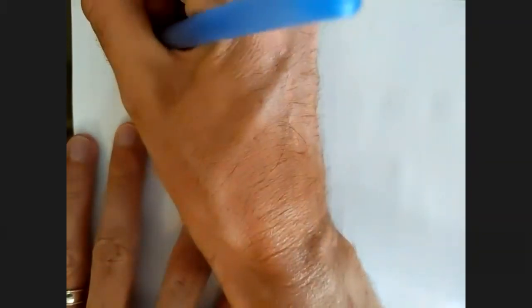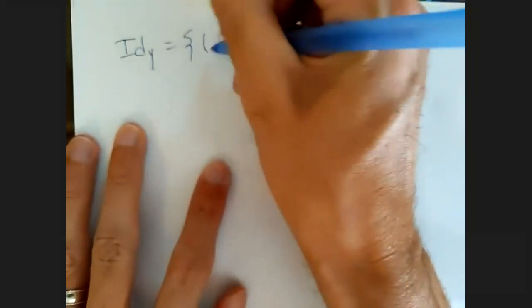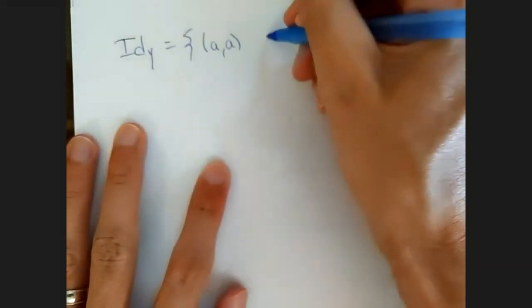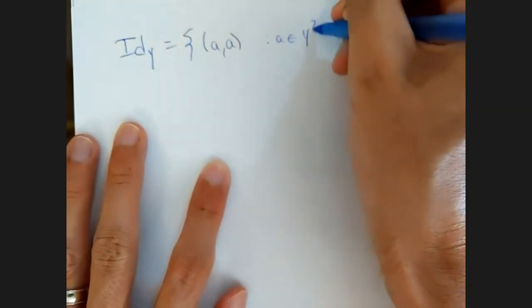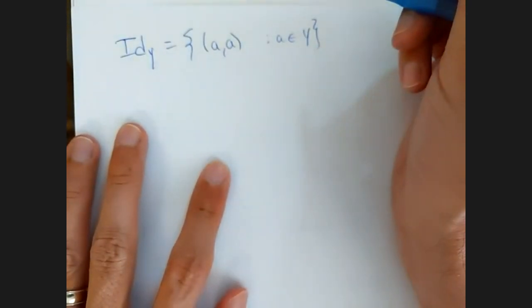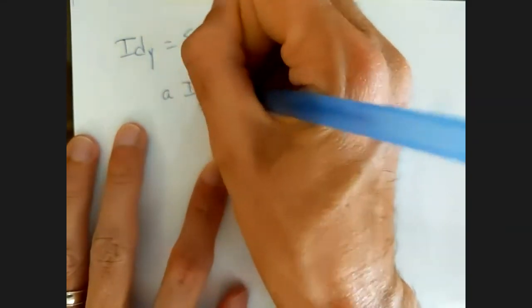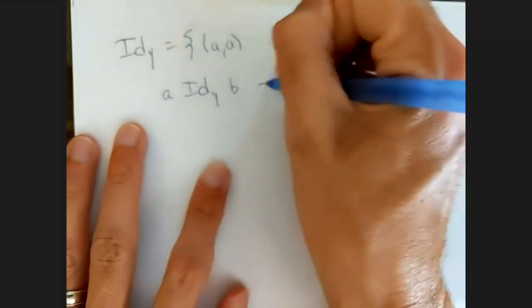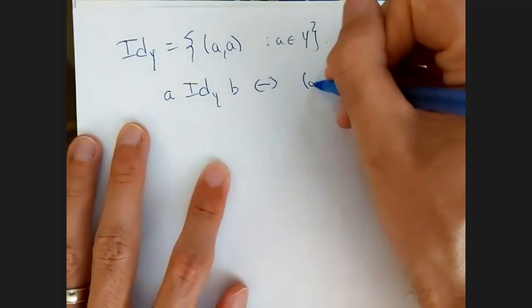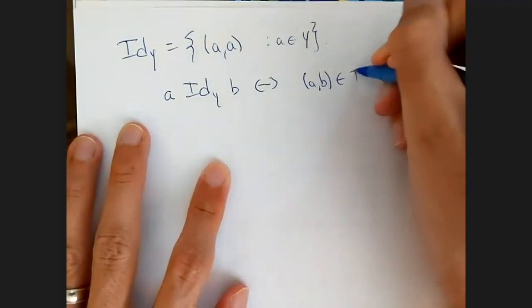The identity relation on Y is the set of all ordered pairs A comma A such that A is in Y. So A is related to B if and only if A comma B is in the identity relation.